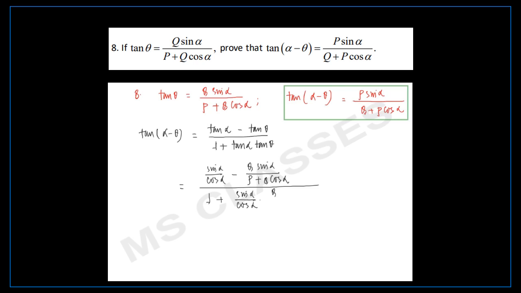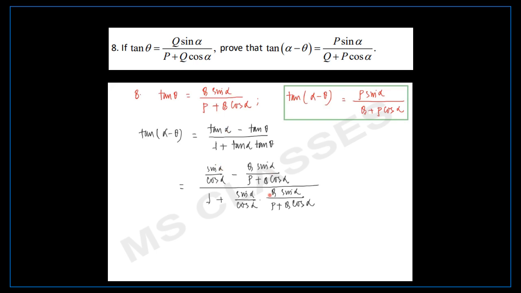Just we put the value q sin alpha by p plus q cos alpha. What I have done, I tell you once again. Just we have taken the formula of tan of alpha minus theta, and why we are splitting it up, because since this is in terms of sin alpha cos alpha, here also we'll try to bring tan in terms of sin and cos only, so that we can operate very easily.